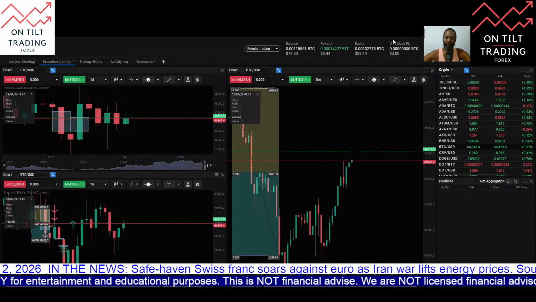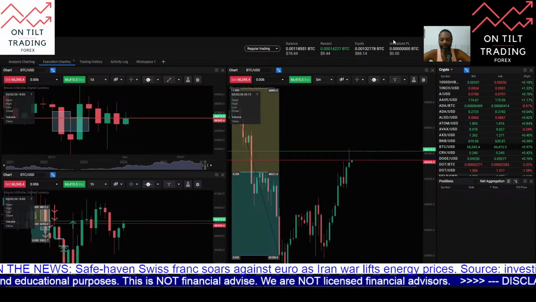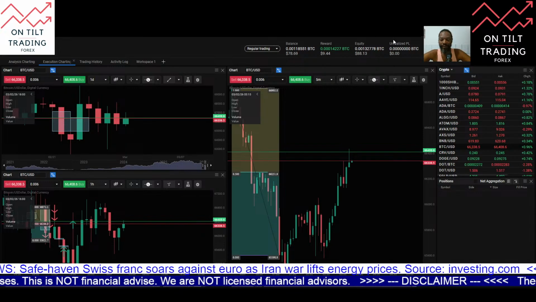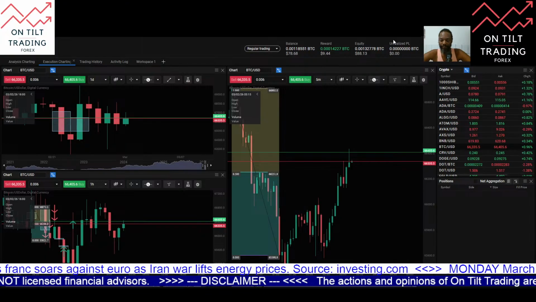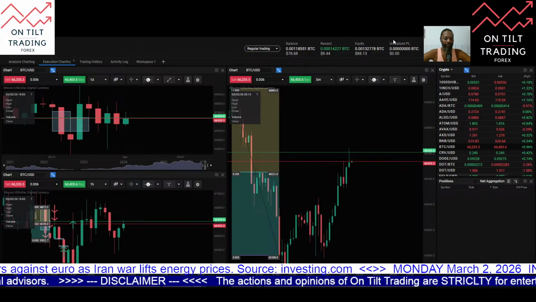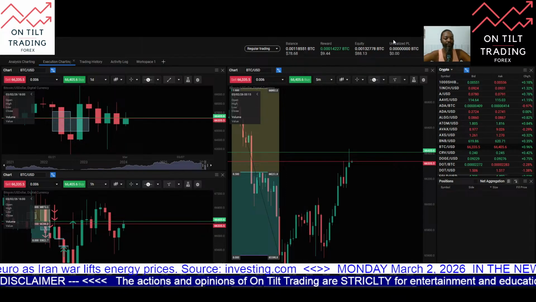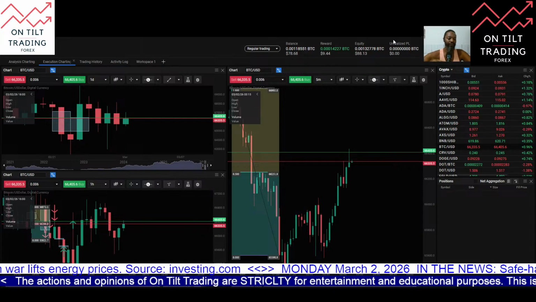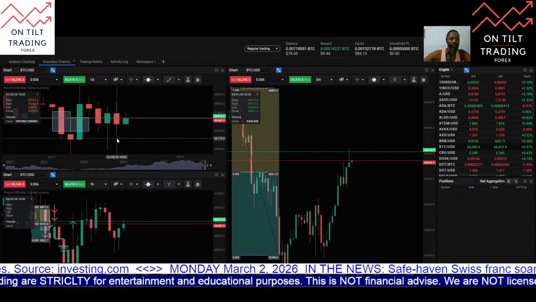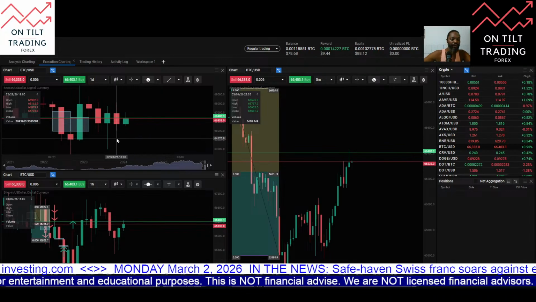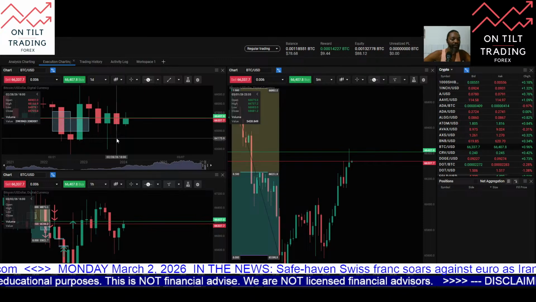Now, if there is continuation here to the sell side and a new 5-minute low put in, I'll set up an order for a short to the low of yesterday's candle.